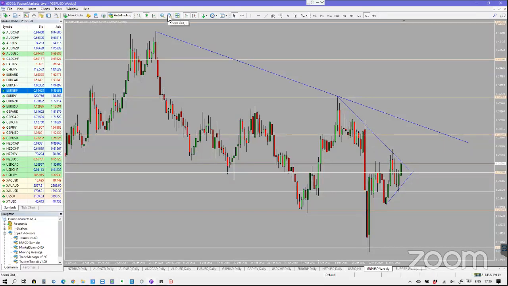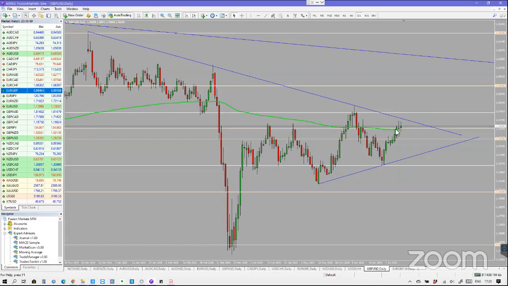But in the short term, and go back to the daily chart, in the short term, I think we're going to top out here. The 200-day moving average is something that could potentially keep the pound buoyant at this level. But if you believe in the trend lines here, then we could come all the way back down to around 124. Yeah, back down to here again.